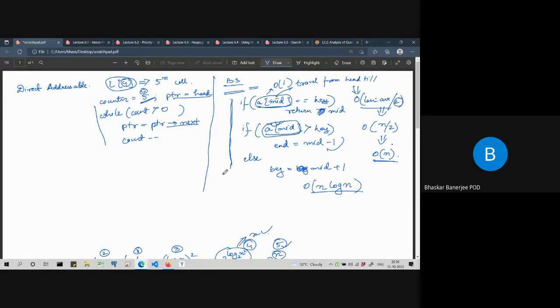And in each of those steps, you are using the mid, which takes order n time to reach. So log n steps, and each step requires order n time. That gives you n log n time. Okay, fine. So that is binary search.